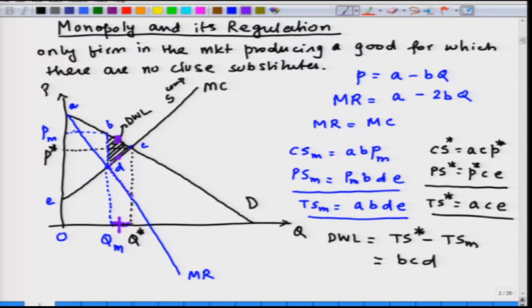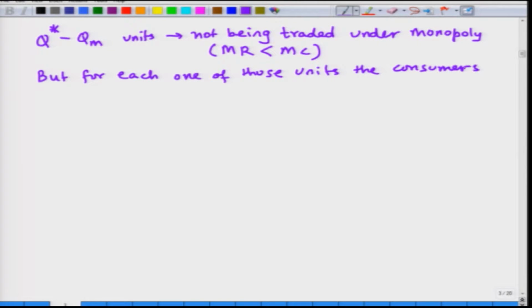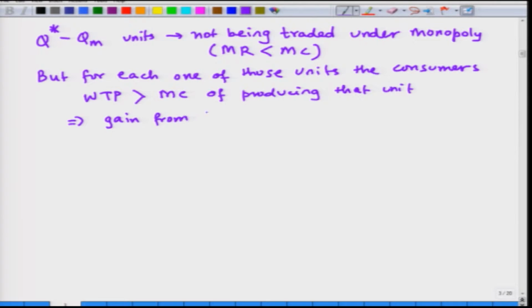For each one of those units the consumer's willingness to pay is greater than the marginal cost of producing that unit, which means there would have been a gain from trading that unit.